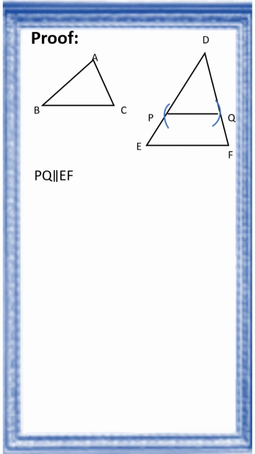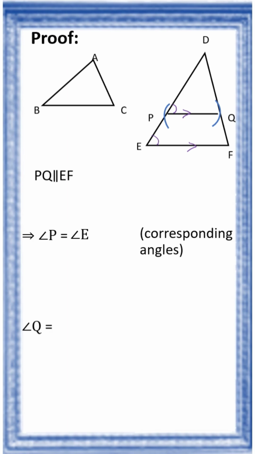So it implies that angle P is equal to angle E. Why? Corresponding angles. Angle Q is equal to angle F. Why? They are also corresponding angles.